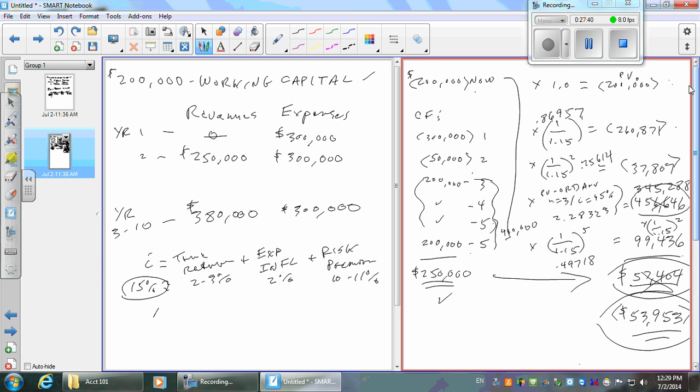Beta is the covariance of their returns with the market as a whole. Are they more or less risky? With the 10 to 11, this is more risky than the market as a whole. The market as a whole might be 6, 7, or 8.